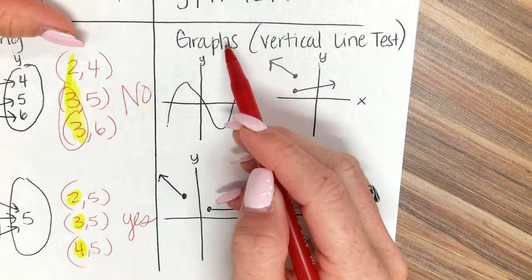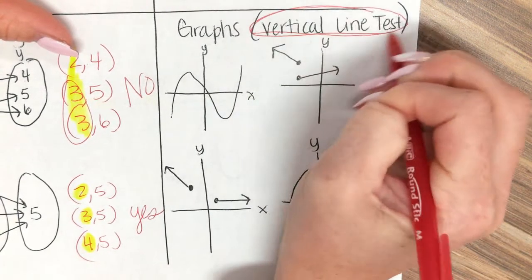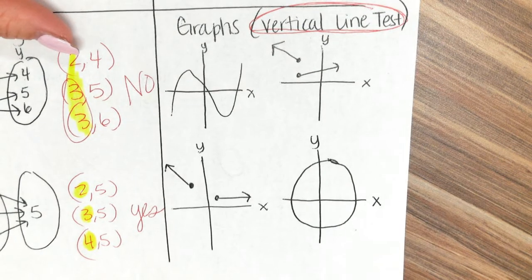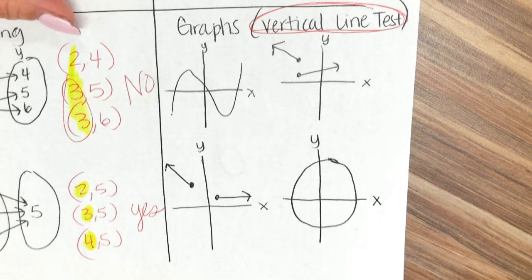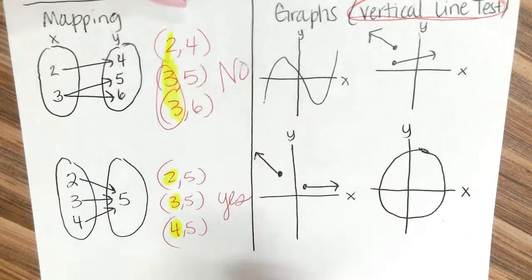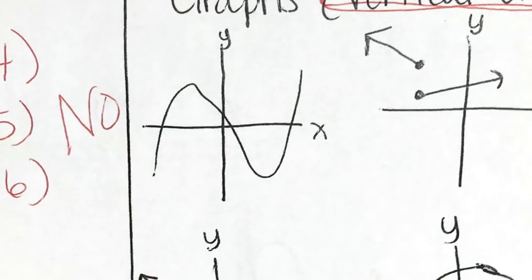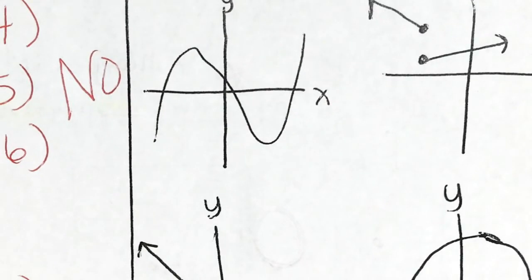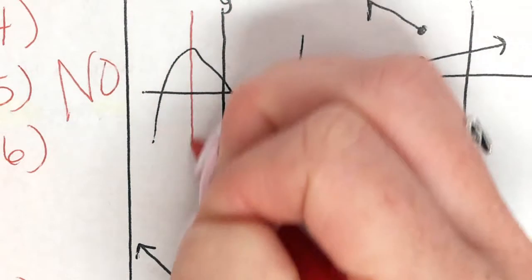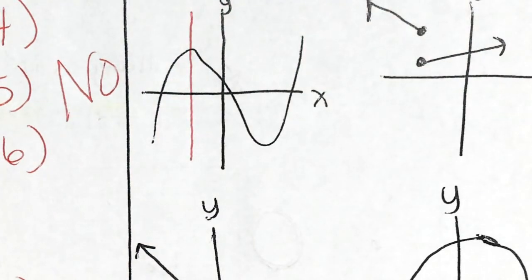Anytime you have a graph, if you want to know it's a function, what do you perform? A vertical line test. A vertical line is a straight up and down line. And how many times can it touch the picture if it's a function? 1. So let's look at this first example, and I want y'all to tell me if it's a function. If I draw a vertical line, how many times did it touch the graph?